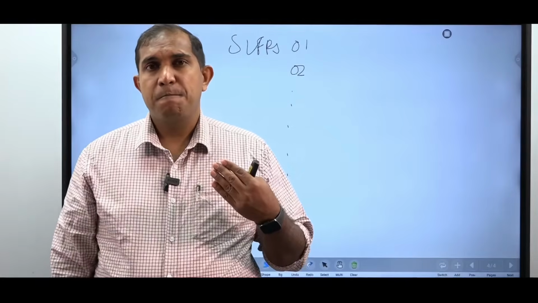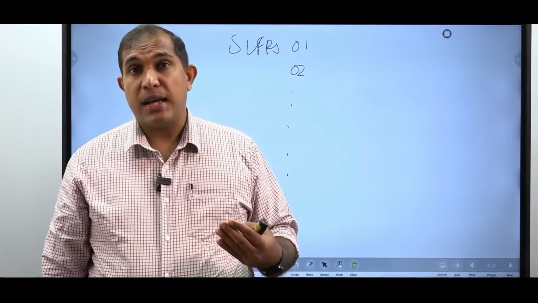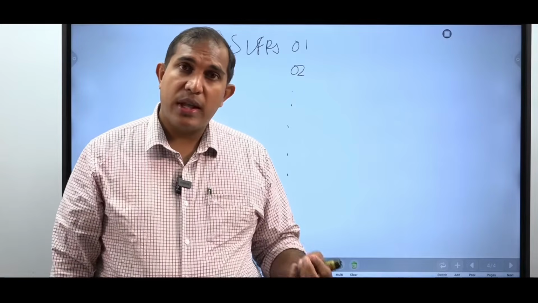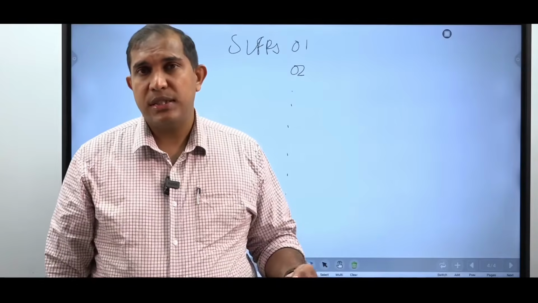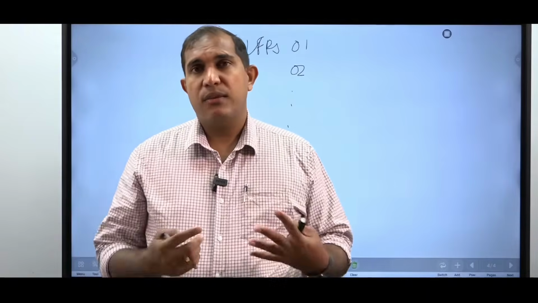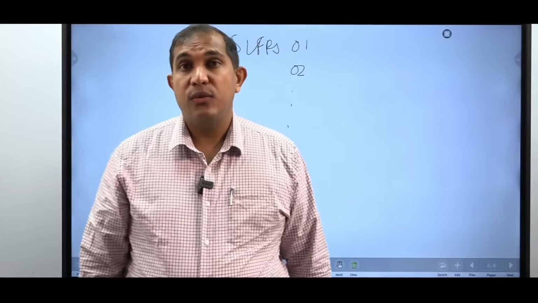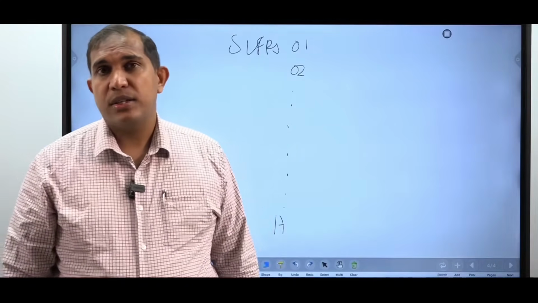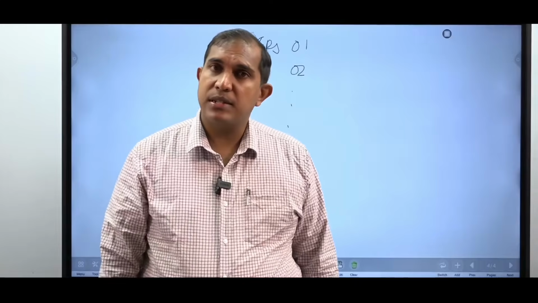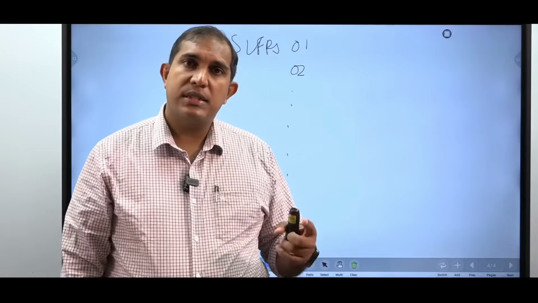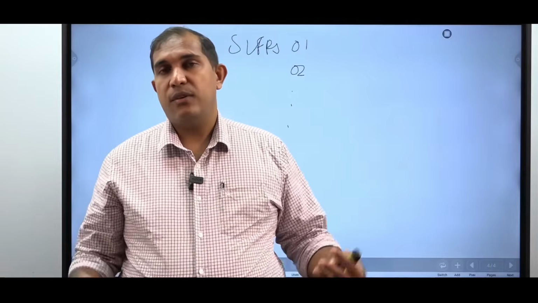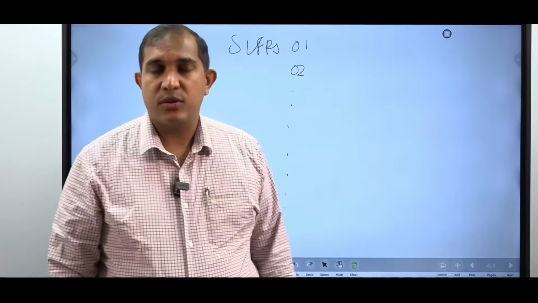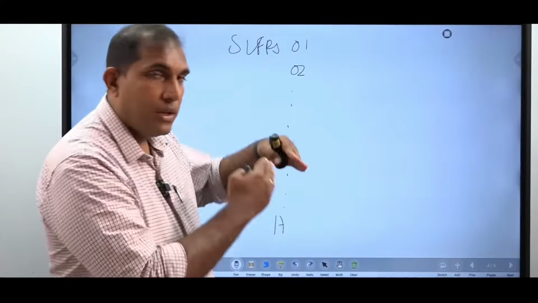SLFRS 11, joint arrangements. SLFRS 12, disclosures of interests in other entities. SLFRS 13, fair value measurement. SLFRS 14, regulatory deferral accounts. SLFRS 15, revenue from contracts with customers. SLFRS 16, leases. SLFRS 17, insurance contracts. That's the full list.